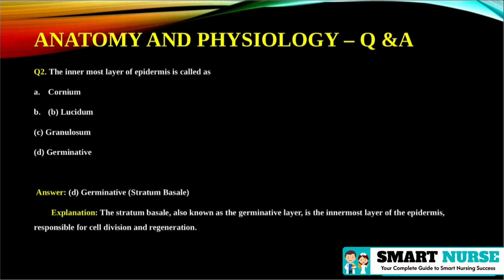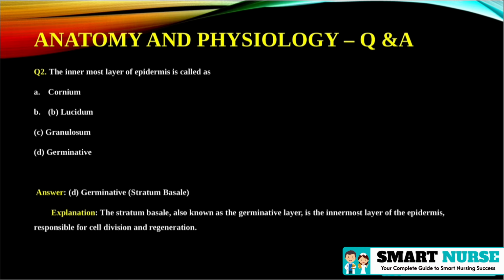These cells undergo mitotic divisions and give off keratinocyte cells, which form more superficial layers of the epidermis. So, the basal layer is also known as stratum germinativum or germinal layer. So, the exact answer is germinative, stratum basale.